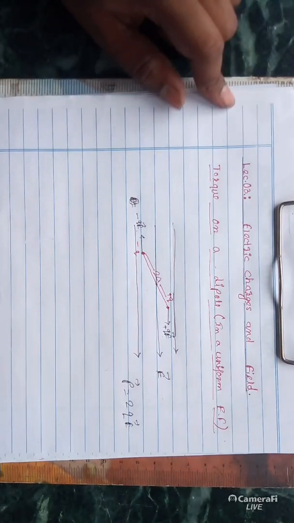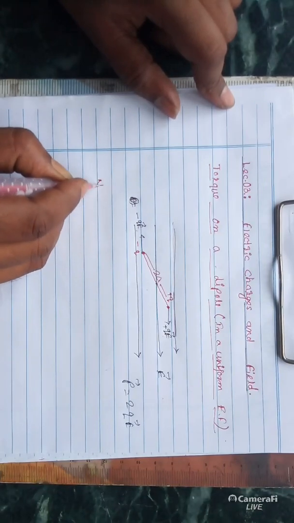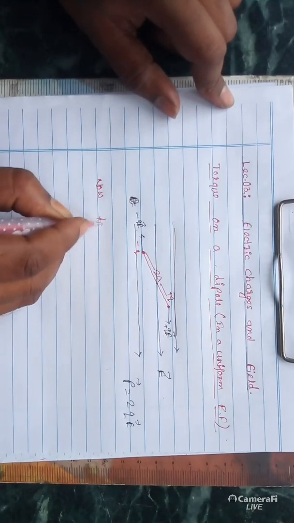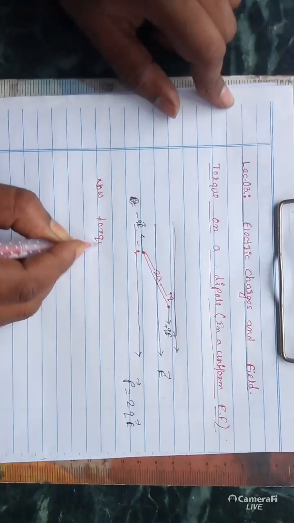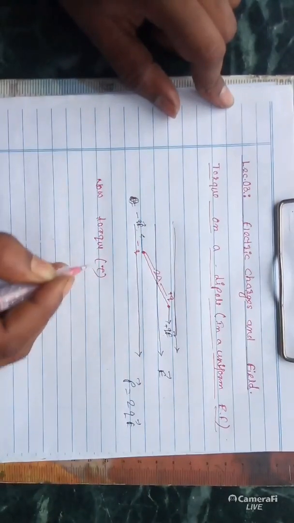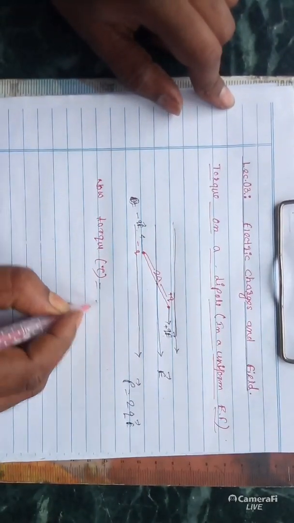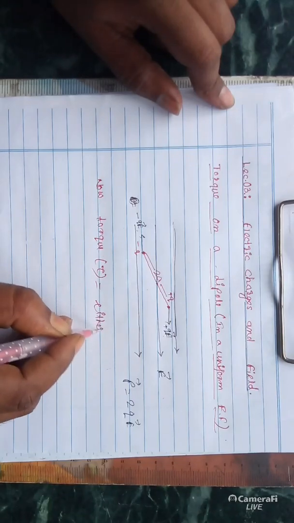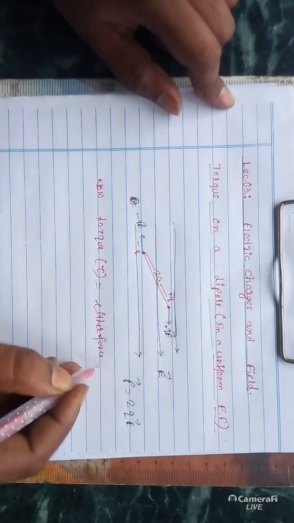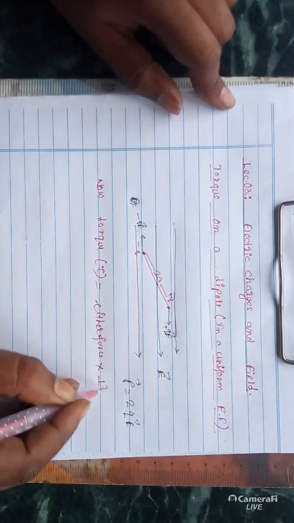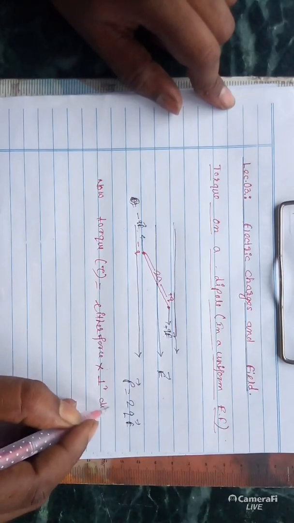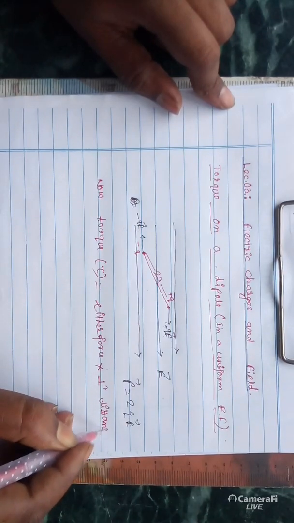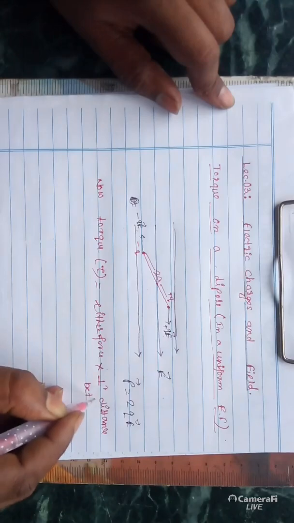Torque is denoted by tau, is equal to either force into the perpendicular distance between the forces.